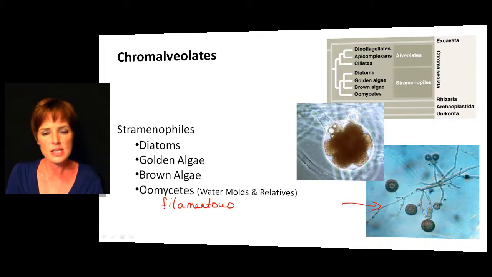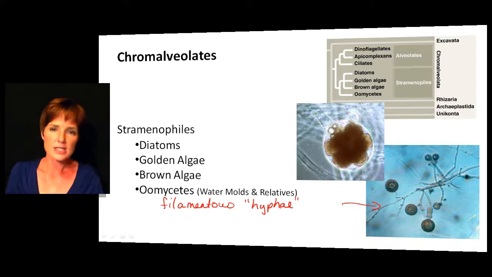When we say filamentous, they have what are called hyphae. Hyphae are those long strings of cells hooked together. And what that will do is it will maximize surface area. So these are going to have a maximized surface area, which will allow them to better gather nutrients around them, better gather water around them.